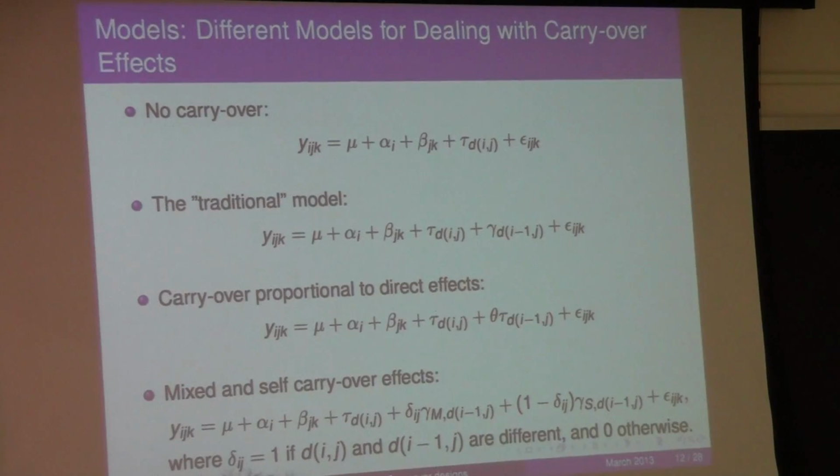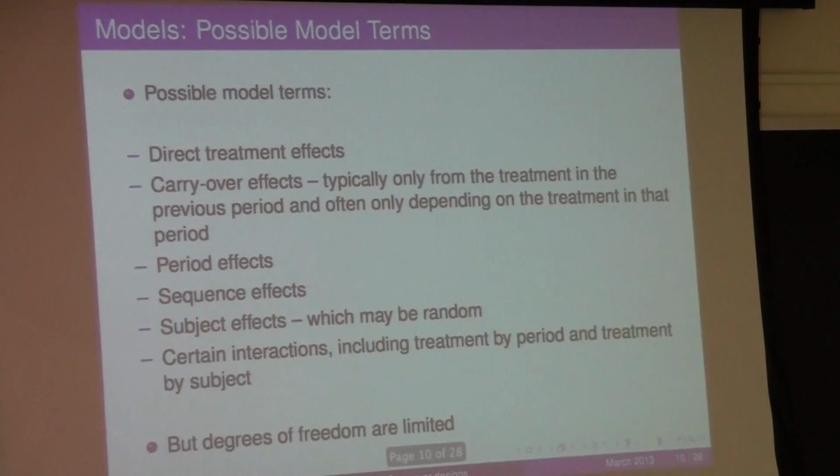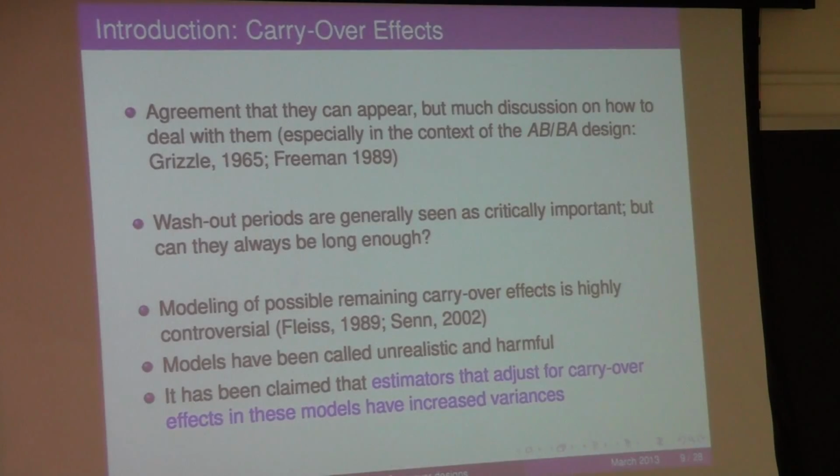If the two treatments are the same, then the carryover effect can be different from the situation where the two treatments are different. And this is essentially a model that was suggested, though not studied, by Fleiss in 1989.